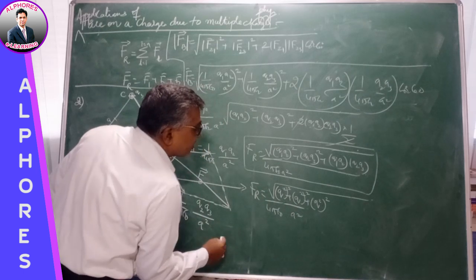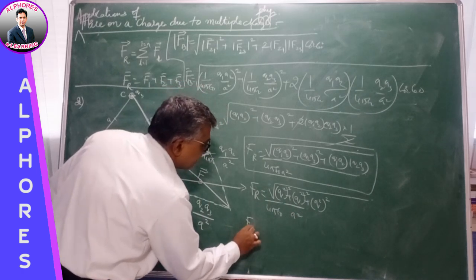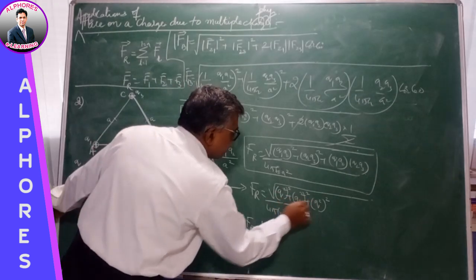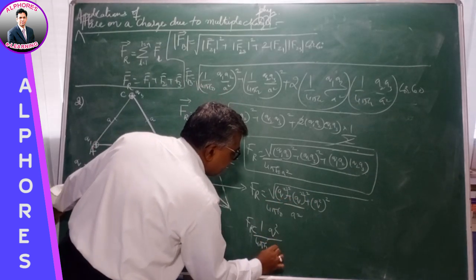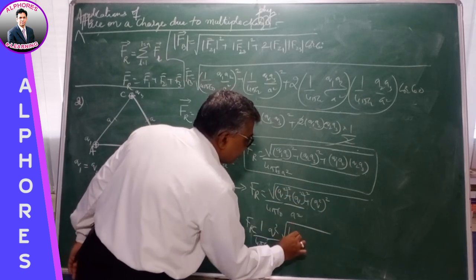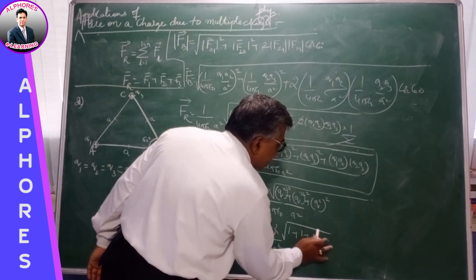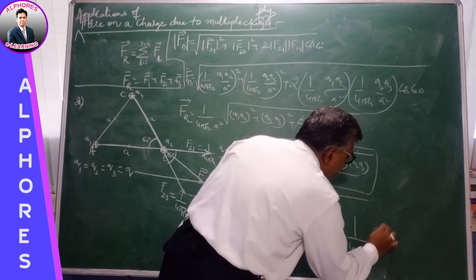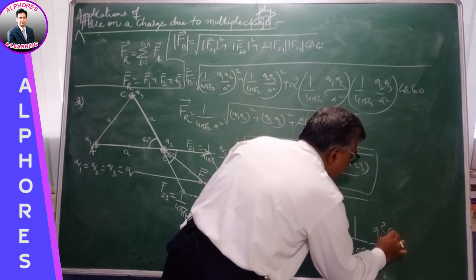If I take Q square common out, the resultant force is 1 by 4 pi epsilon naught Q square by a square, under root of 1 square plus 1 square plus 1 square, that is 1 plus 1 plus 1. So it implies 1 by 4 pi epsilon naught Q square by a square times root 3.